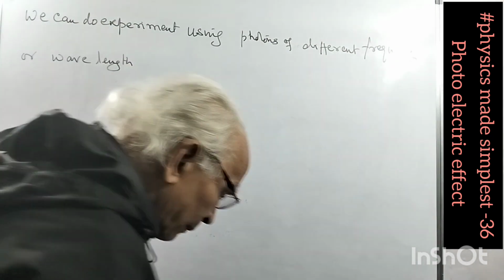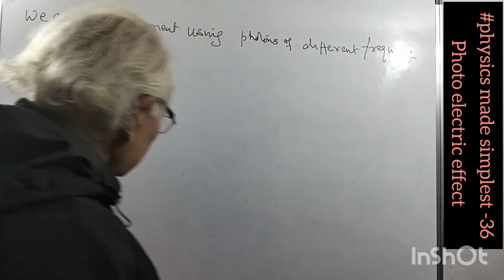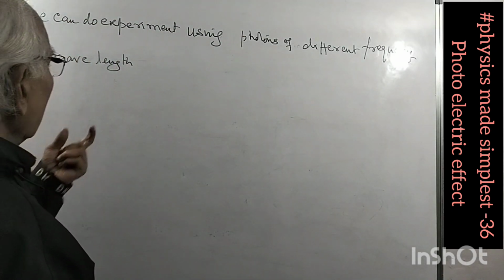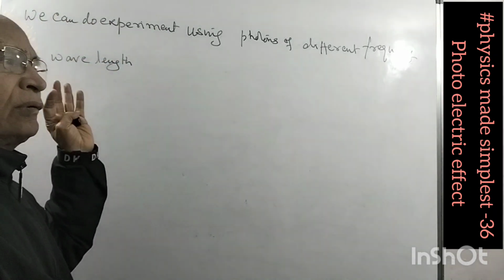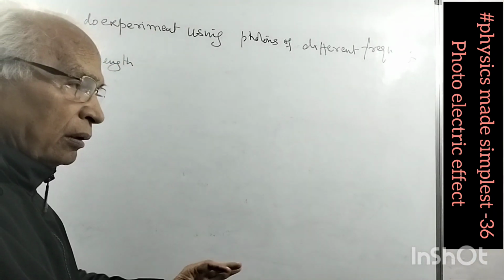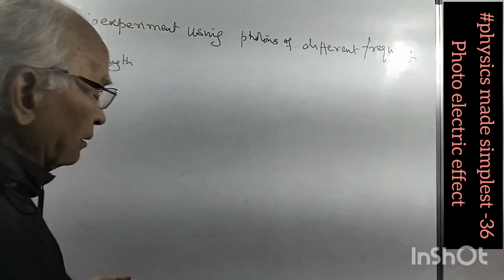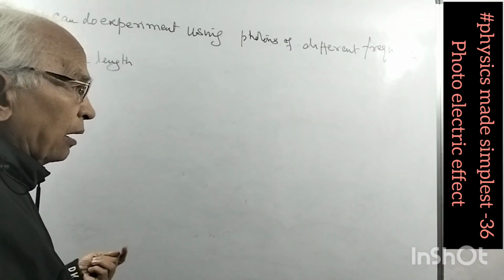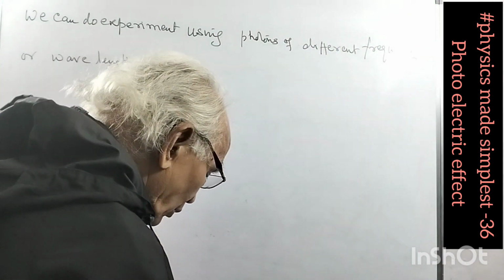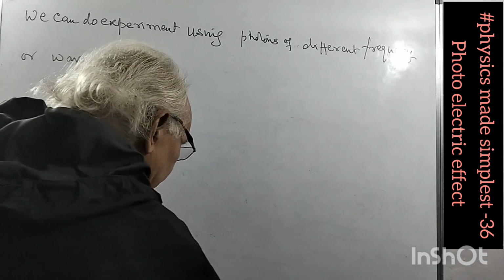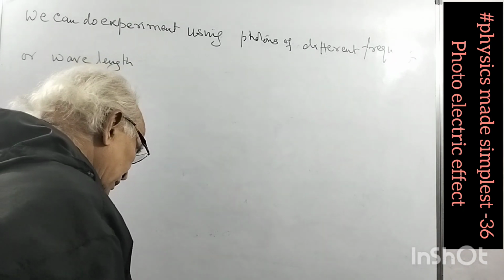And we can do an experiment like this, that your light of different frequency or wavelength is allowed to fall, and you can use a variable battery to see by which voltage you apply, the photocurrent is stopped, means it is made zero.